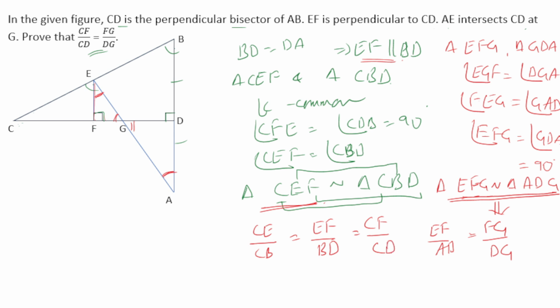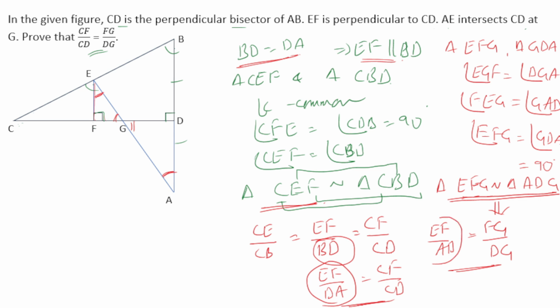And we have here BD is equal to DA, so we substitute BD equal to DA. We will get EF divided by DA is equal to CF divided by CD. See, from these two equations, EF divided by DA is common. So we can have CF divided by CD is equal to FG divided by DG.